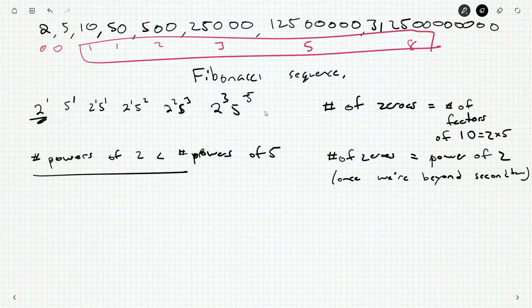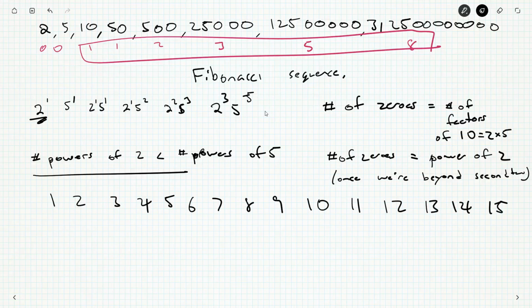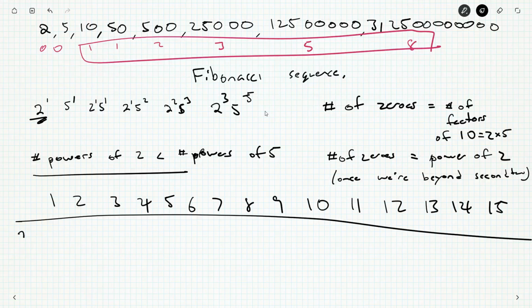And now it looks like the exponents of 2 are all growing by Fibonacci numbers. So I think the easiest thing to do is just write out, let's say, first term, second term, third term, fourth, fifth, sixth, seventh, eighth, ninth, 10th, 11th, 12th, 13th, 14th, and we need the 15th. 2 to the k, 5 to the k.